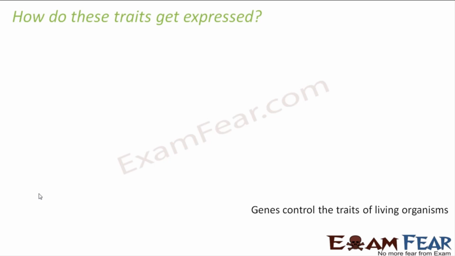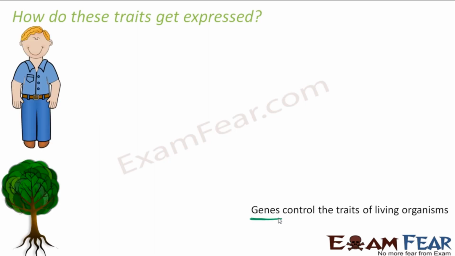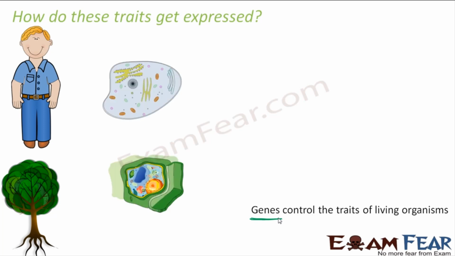So basically genes control the traits of living organisms. Right? So what are genes? Where are they located? As I said, in any living organism, be it plant or animal, the entire body is made up of cells. In case this is the animal cell, here it is the plant cell. Inside the cell, we have the nucleus, and in the nucleus, we have these red colored thread-like structures called chromosomes.